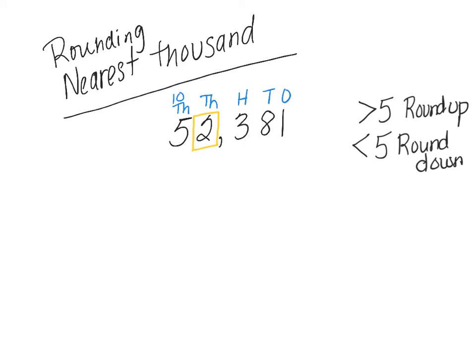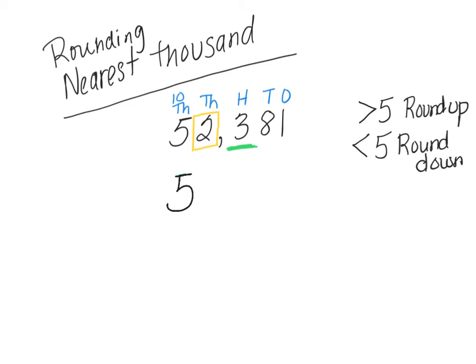Then you're going to look at the number to the right. This 5 right here is not going to change at all. It is unaffected. It is going to stay a 5 because we're only looking at the thousands place and below. So this 10,000s is going to stay the same for this problem.